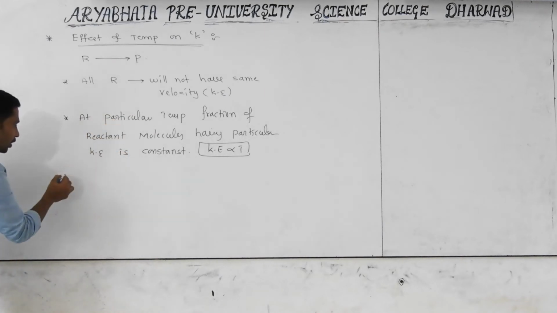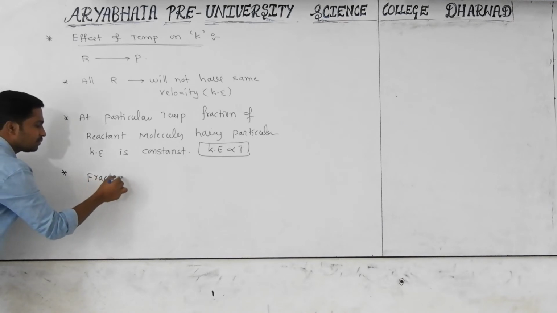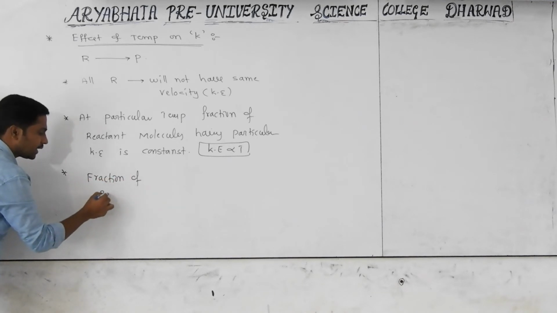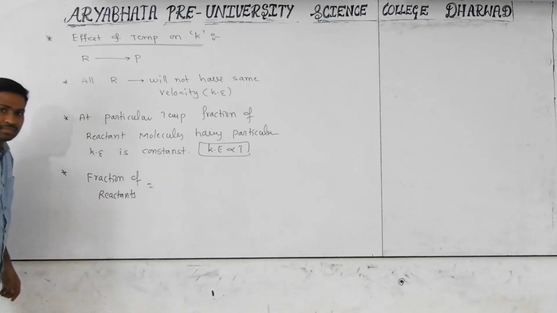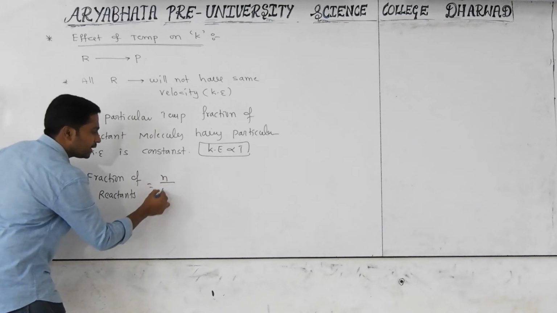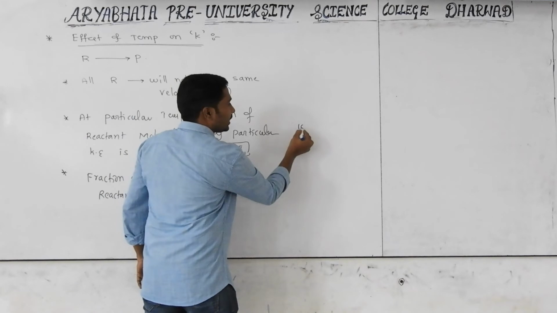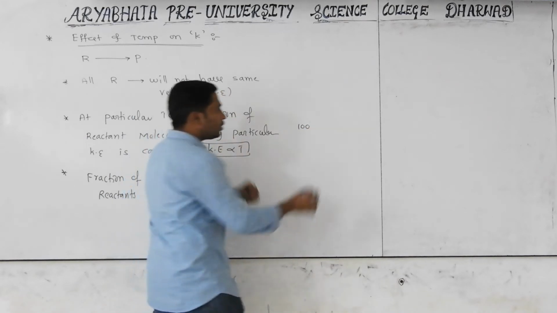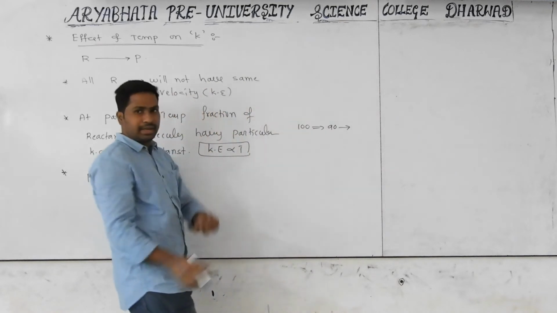Okay, I am telling one more point here. What is the meaning of fraction of molecules? Fraction of reactants. Anybody? What is the meaning of fraction of molecules? It is nothing but small n by capital N. For example, you take 100 molecules. Out of 100 molecules, 90 molecules are having one particular kinetic energy.